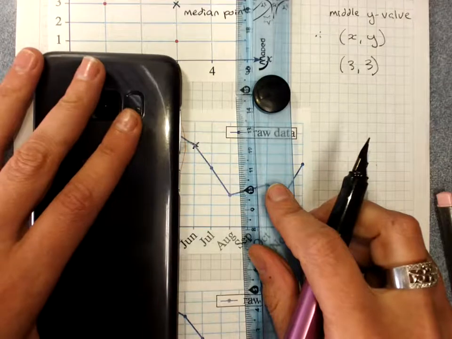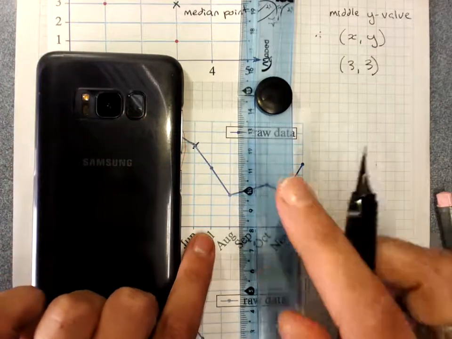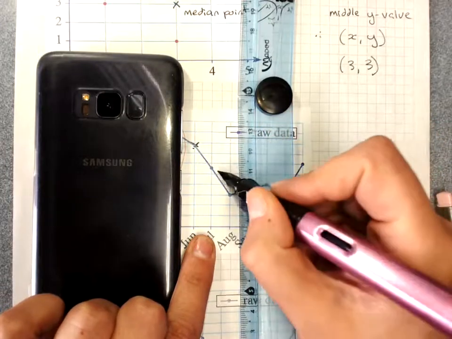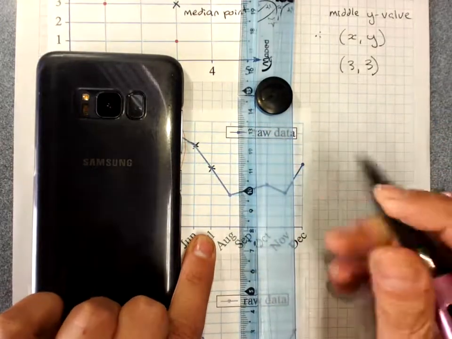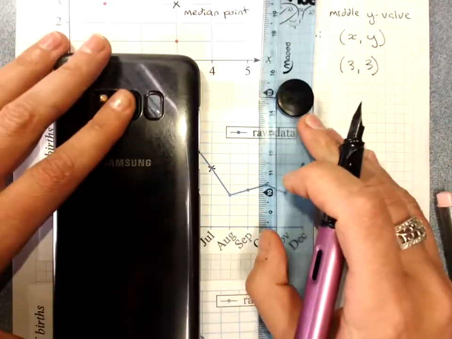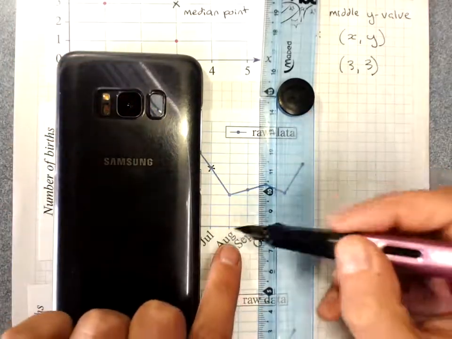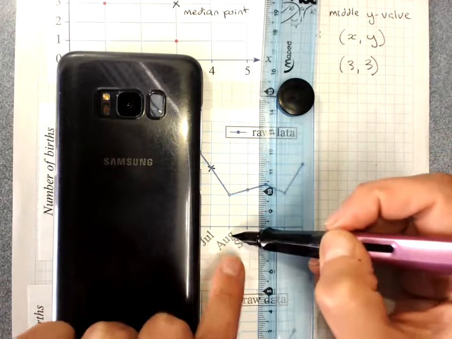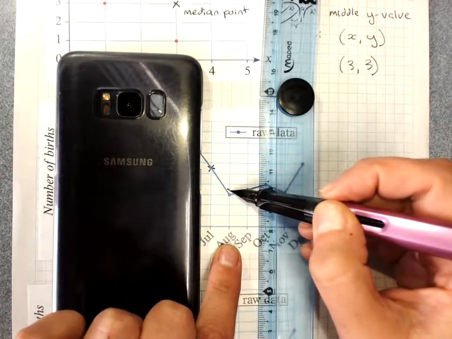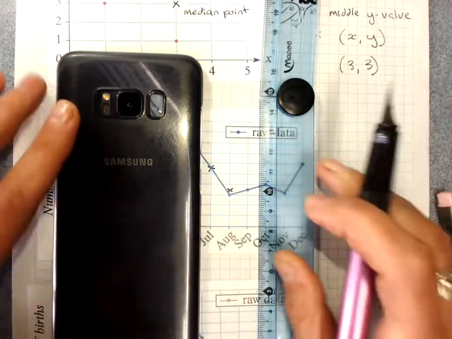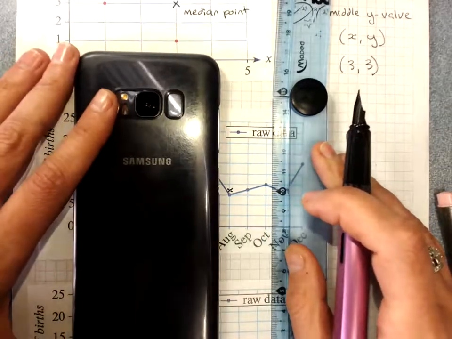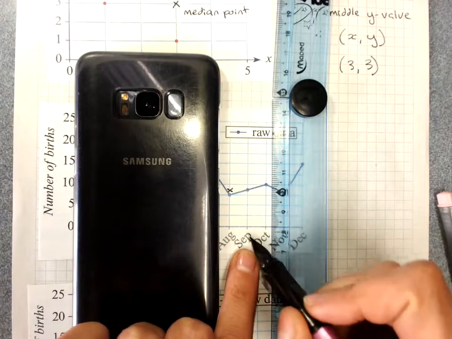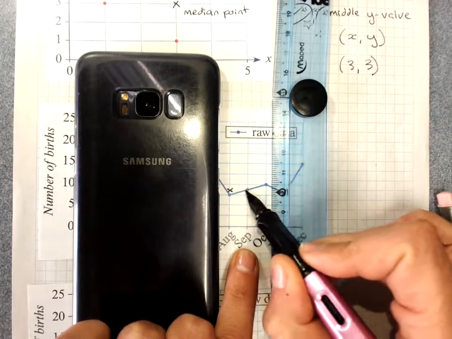Next set of 3, centers on July, going up, first, second, third, again, another one where I'm on the data. Centering on August, first, second, third, August, and in line with the second point. It's really important that you're very careful about this. August, September, October, moving up, 1, 2, 3.